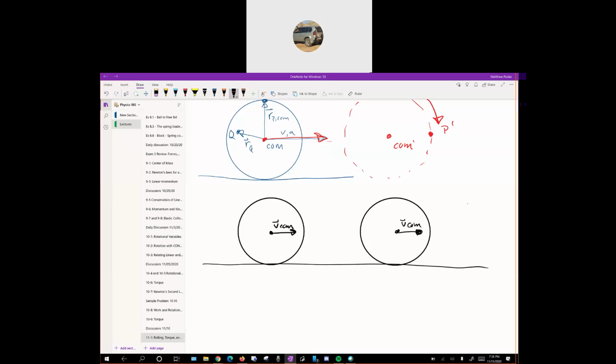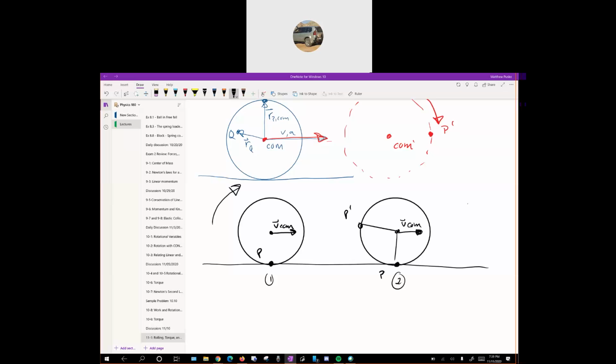But if this thing's moving like this to get from point 1 to point 2, we should note that if it travels some angle theta, so let's say there's some point P right here touching the ground. If this point moves up to over here, P prime, that means that it went through some angular displacement, right?